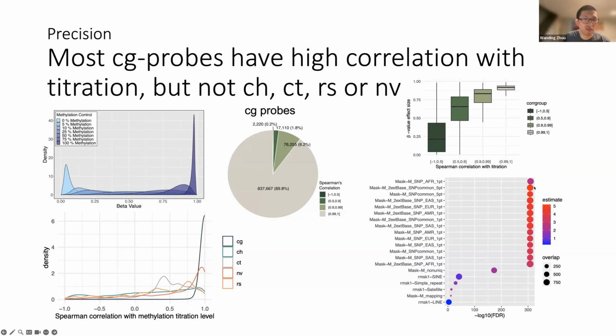And the vast majority of these poorly correlated CG probes have a relatively small beta value effect size. It is also enriched in the mask that we are providing as part of this characterization effort, suggesting a residual polymorphism influence, causing this loss of correlation.